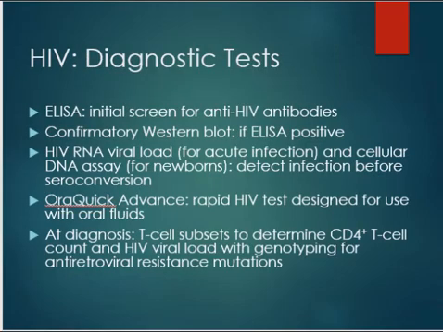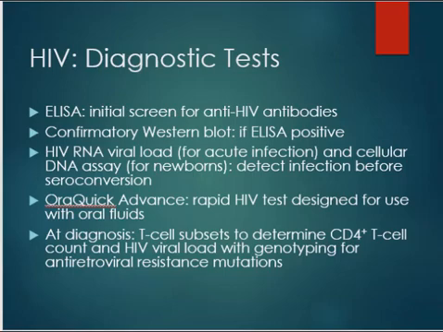So, some diagnostic tests that are run for HIV include the ELISA, which is an initial screen for antibodies. If that is positive, then you would go to a confirmatory Western blot. You can check an RNA viral load and a DNA assay for little ones, and this is going to detect if there's infection before there's been seroconversion.